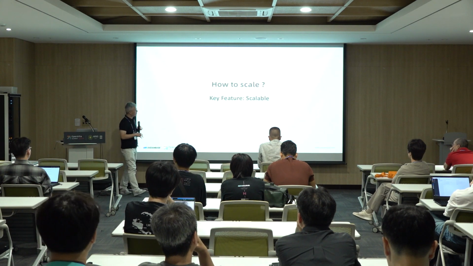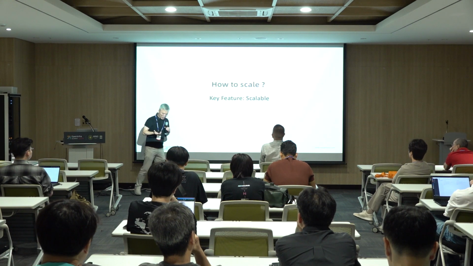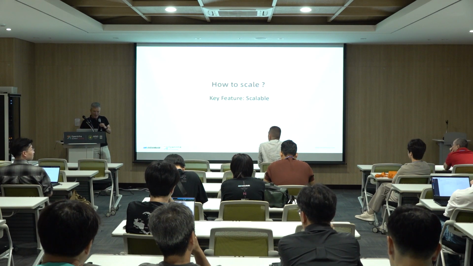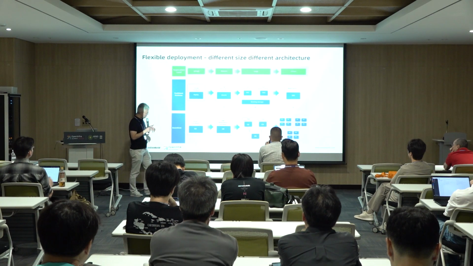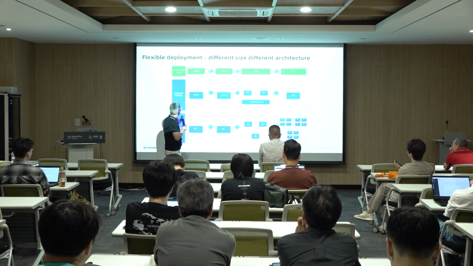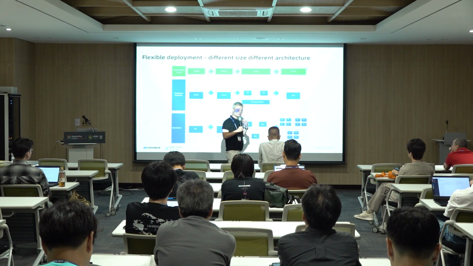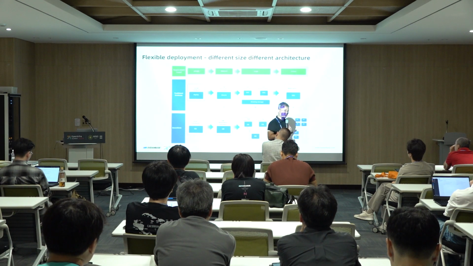So the second challenge is how to scale. Because we are a distributed database, we are good at scalability. Because the OceanBase goal is one database to meet 80% of relational database requirements.